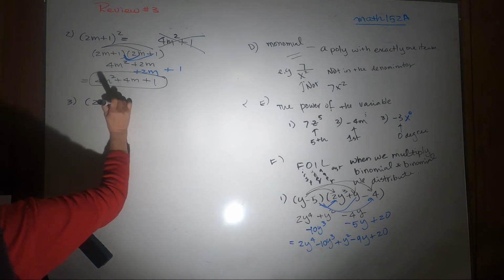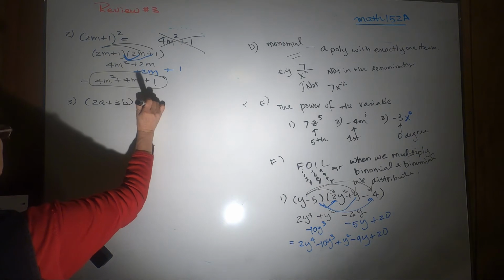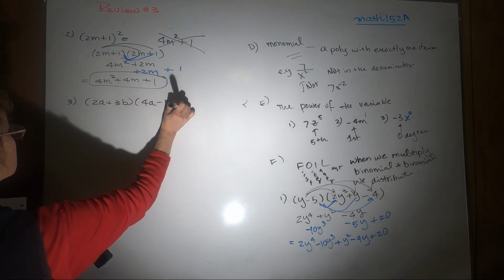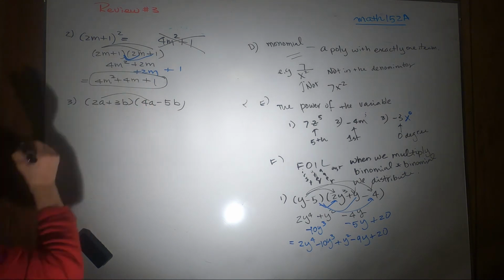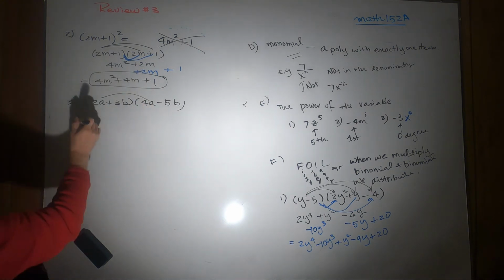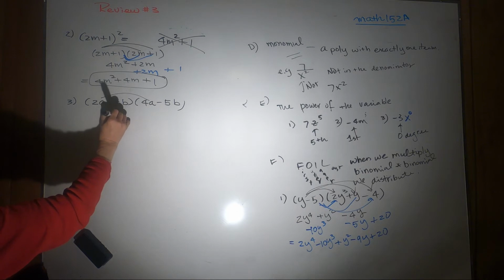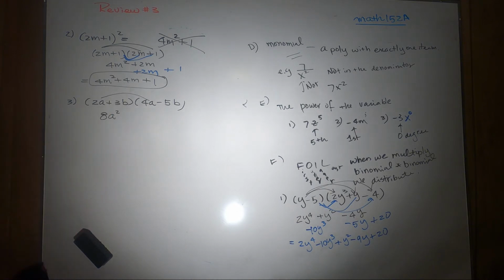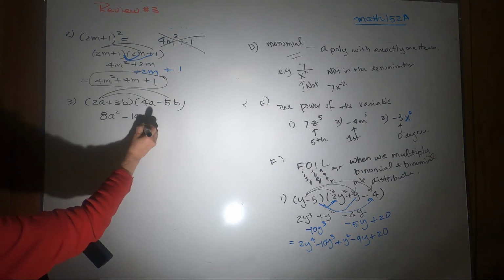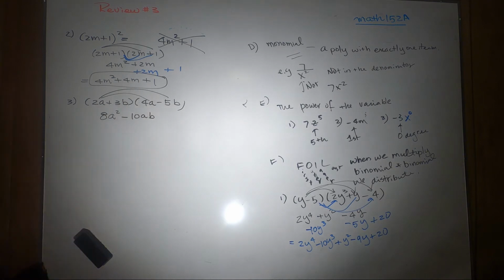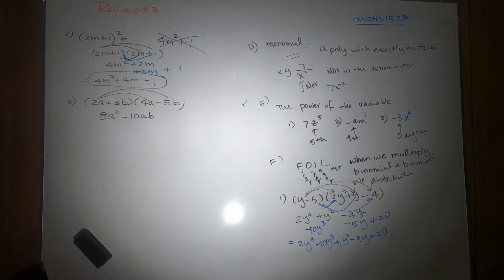2a plus 3b times 4a minus 5b. Same thing. 2a times 4a, that would be 8a squared, right? 2a times negative 5b, that would be negative 10ab, right?